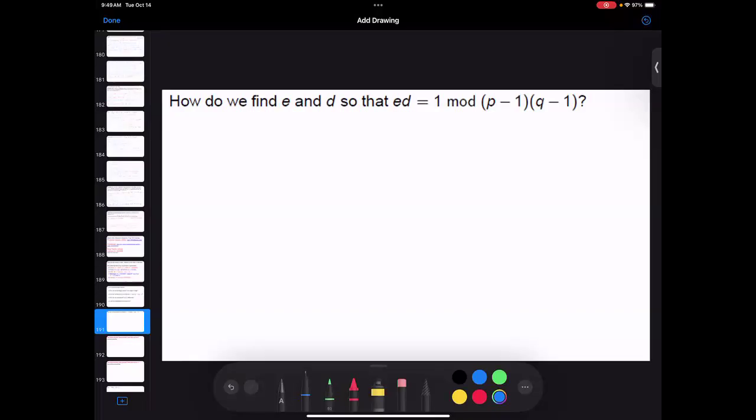Euclidean algorithm, right? So do we remember what (p minus 1)(q minus 1) is? There was a special name for that number when p and q are 2 primes. You've seen that expression before.